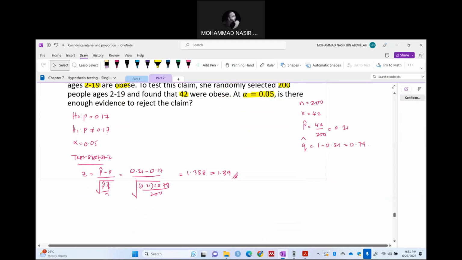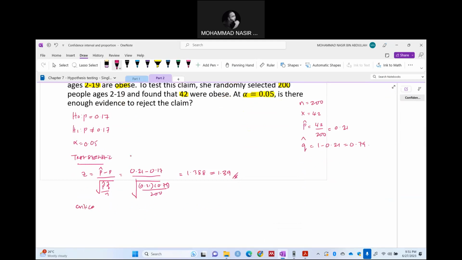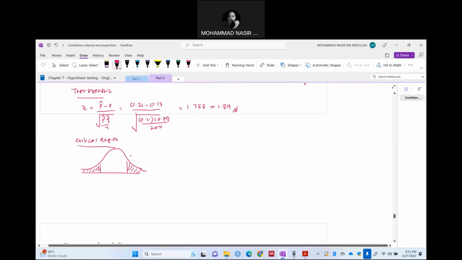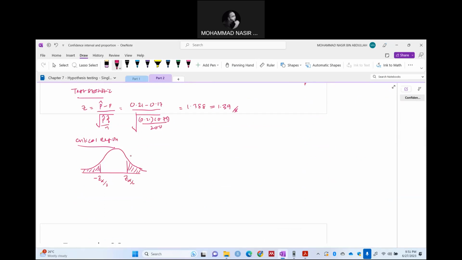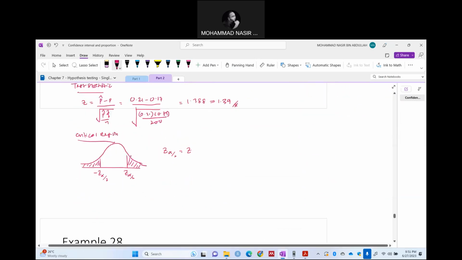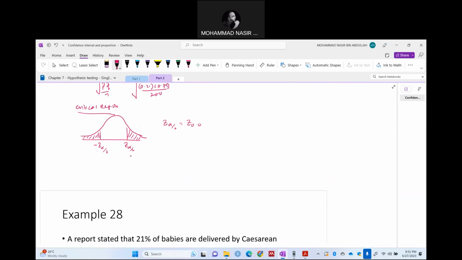So this is a two-tailed test, right? So for the critical region, we have rejection areas to the left and right. So this is negative Z alpha divided by 2 and Z alpha divided by 2. Z alpha divided by 2 is Z 0.025, which is 1.96.